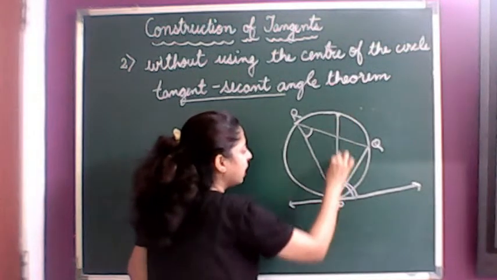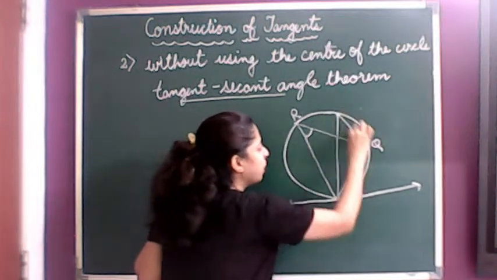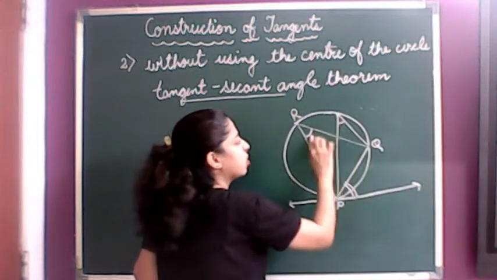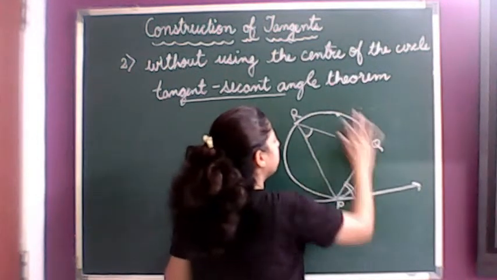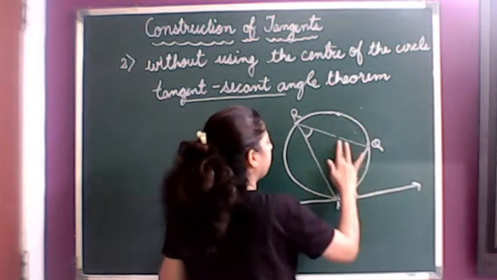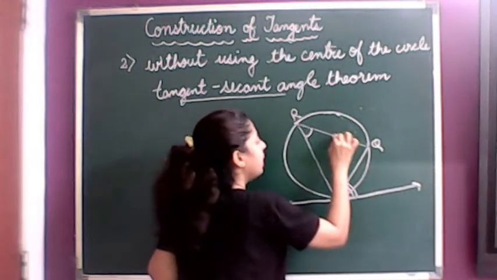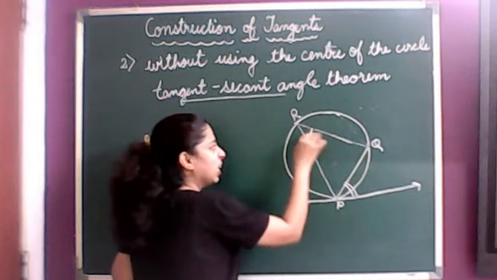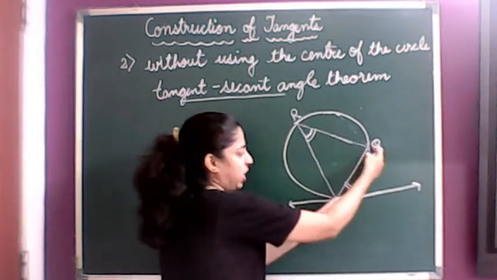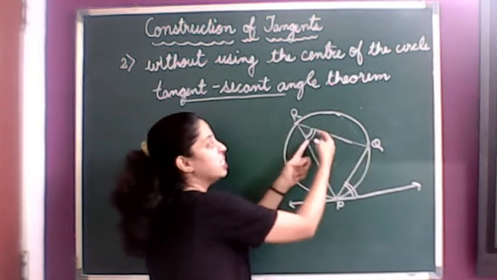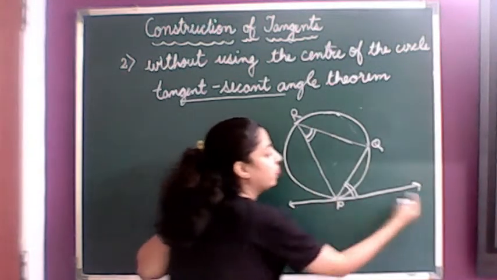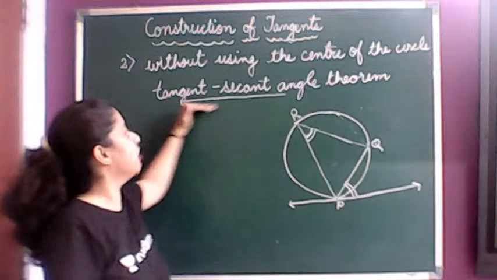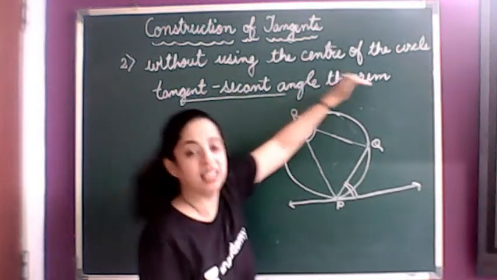If I take this point and join the ends to PQ, then these two angles are also the same. So you can take that point anywhere on the circle. So now, my dear students, this angle that this chord is making on the circle is equal to this angle that the chord is making with the tangent. That is the tangent secant angle theorem.